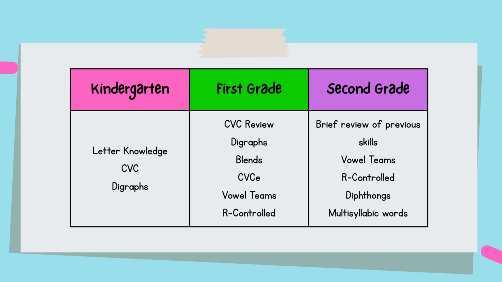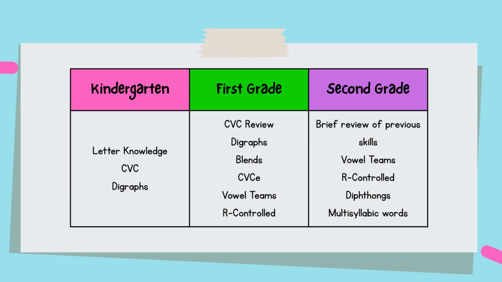First grade typically begins with a review of CVC patterns, then moves through the major phonics patterns, including digraphs, initial and final blends, CVCE with the silent E at the end of words changing the vowel sound, vowel teams, R-controlled vowels, and by the end of first grade, students should have a solid foundation in decoding and encoding single-syllable words across all major phonics patterns.